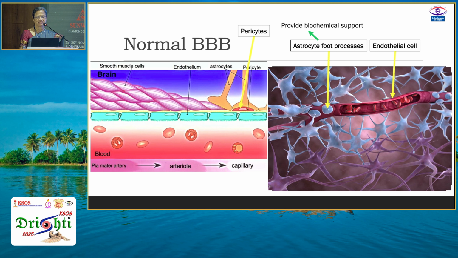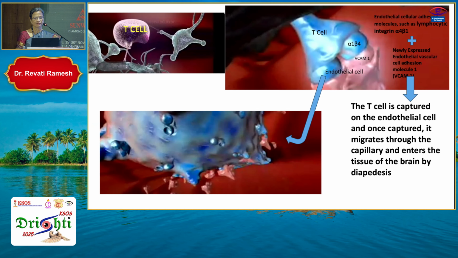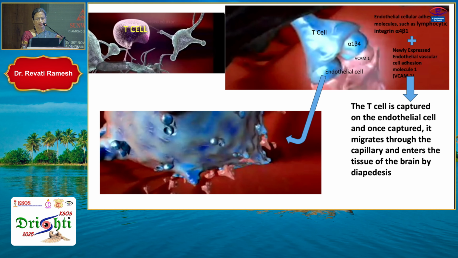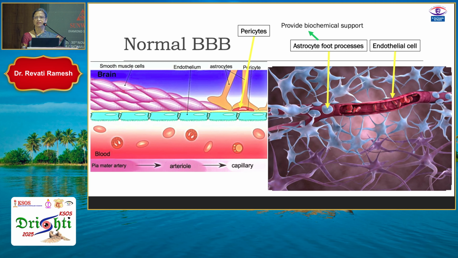First, to understand these disease processes, the normal blood-brain barrier prevents any influx of molecules into the CNS. This normal blood-brain barrier consists of the endothelial cells, the tight junctions between endothelial cells, and the pericytes which are near the endothelial cells, and this forms the blood-brain barrier.